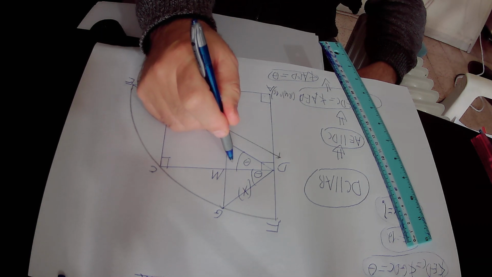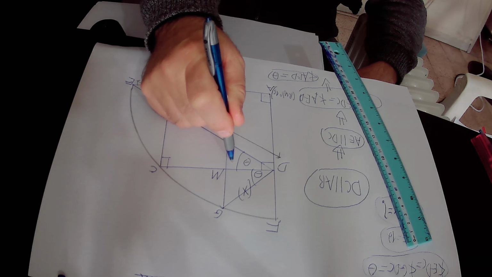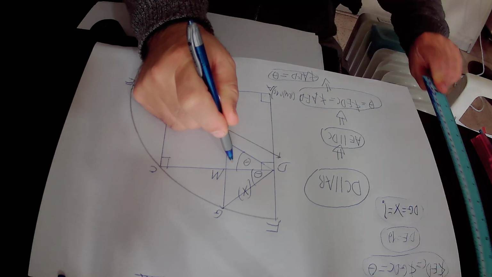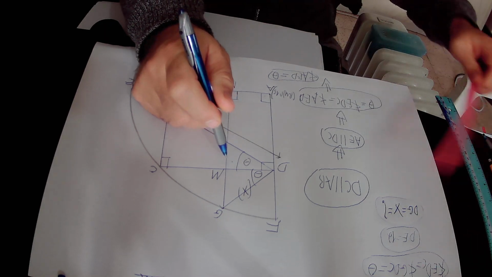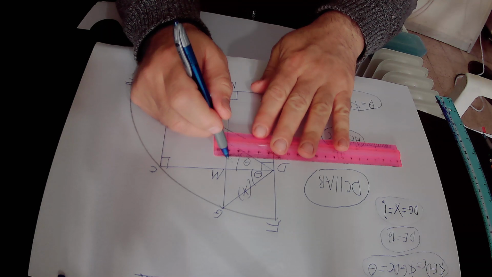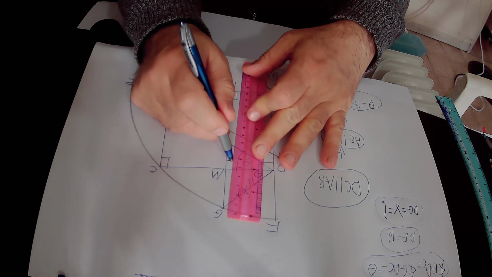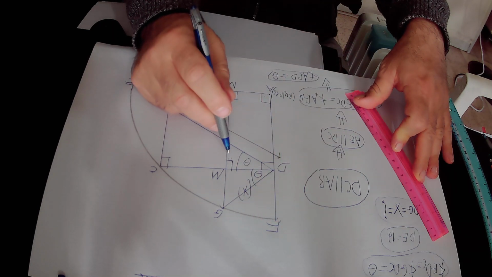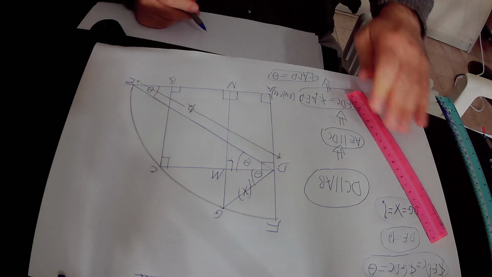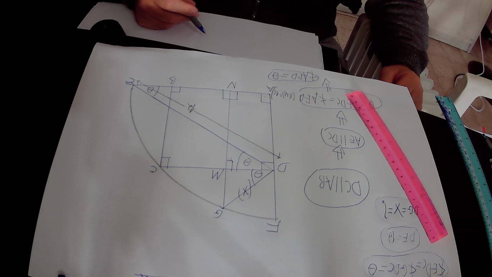In total, the sum of those 4 angles must be equal to 360 degrees, according to the rule that the sum of the angles in any quadrilateral is equal to 360 degrees. Therefore, this fourth missing angle must be equal to 90 degrees in its size.